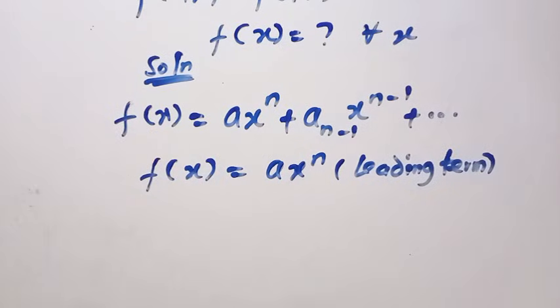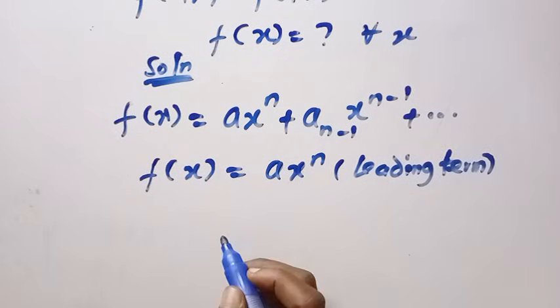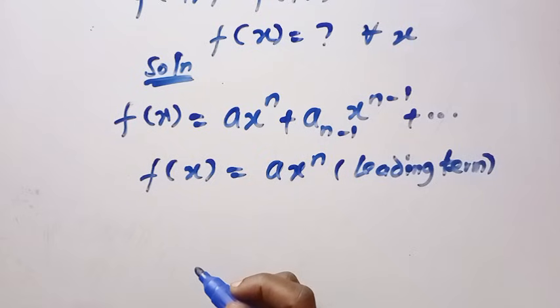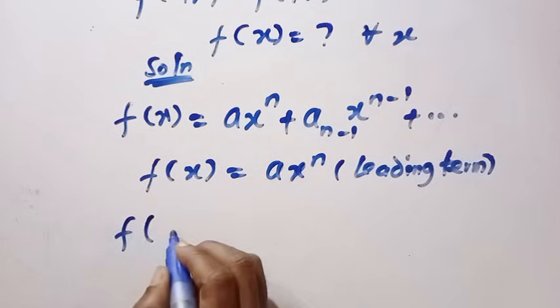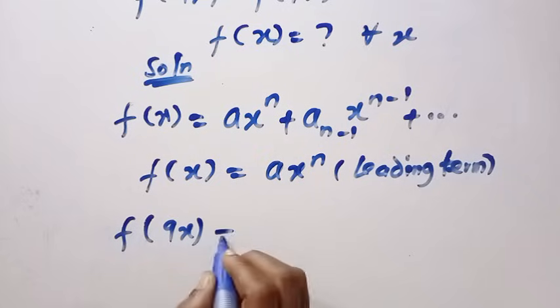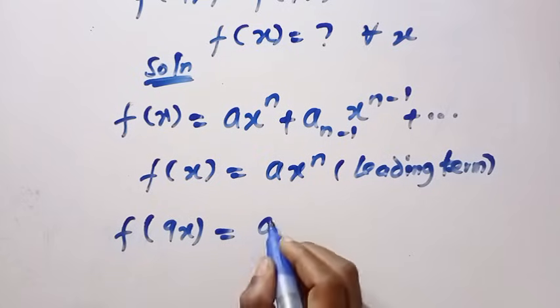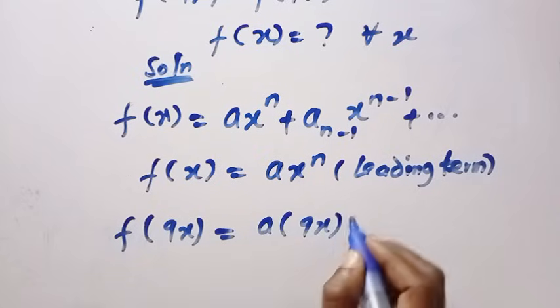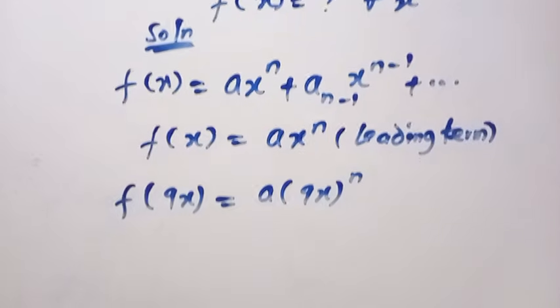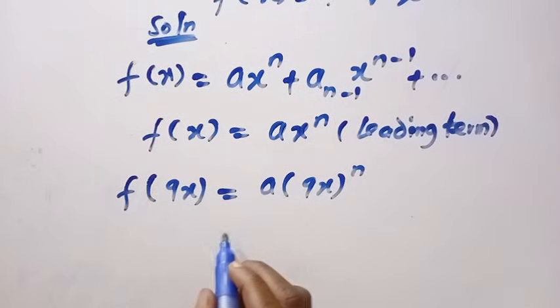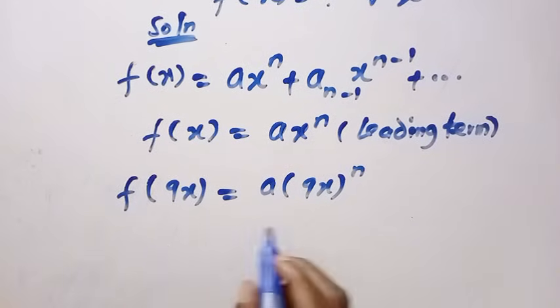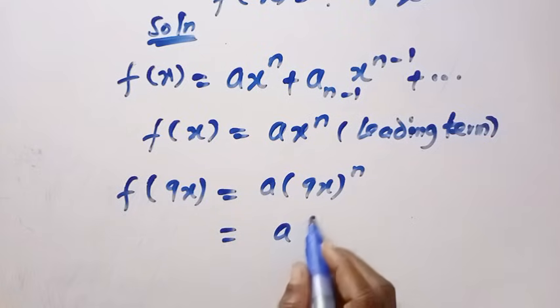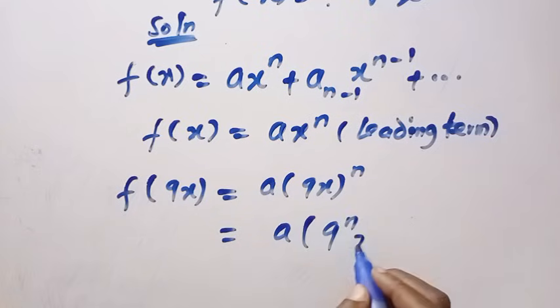Then I start substituting the values of f of 9x and f of 7x. For the first one, f of 9x, anywhere I see x, I replace it with 9x. So we have a times bracket 9x raised to power of n, which gives us a times 9 raised to power n, then x raised to power of n.